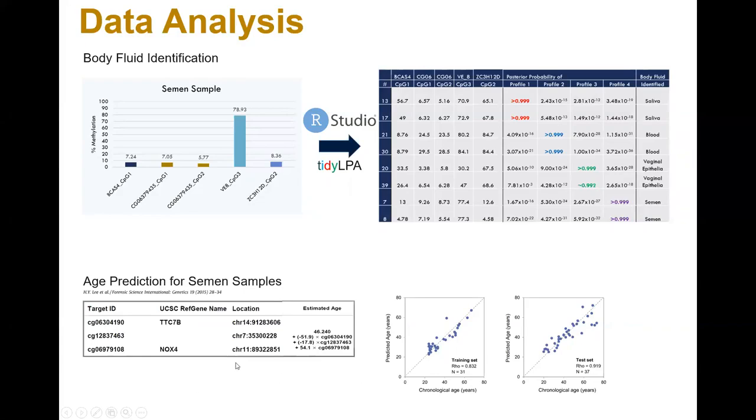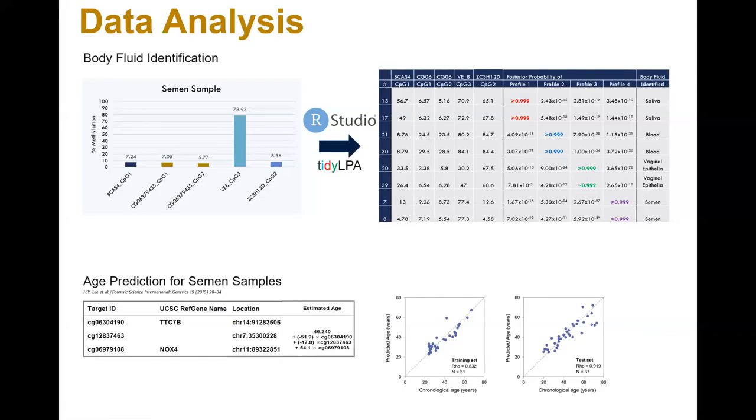Once you get the percent methylation from these 3 locations, you plug them into this formula and you're going to get a predicted age. They reported just a few short years ago about the efficiency of their regression model, having good correlation between the predicted age and the chronological age in both their training set and their test set.